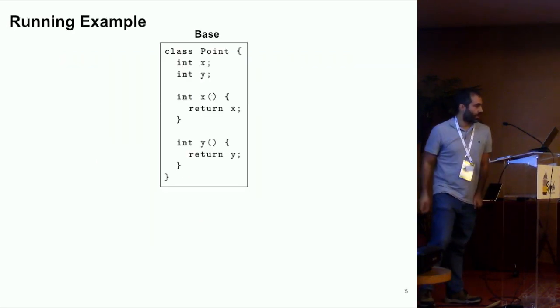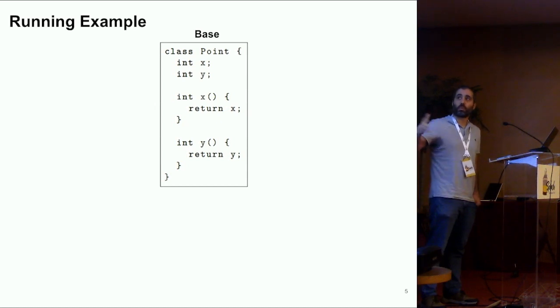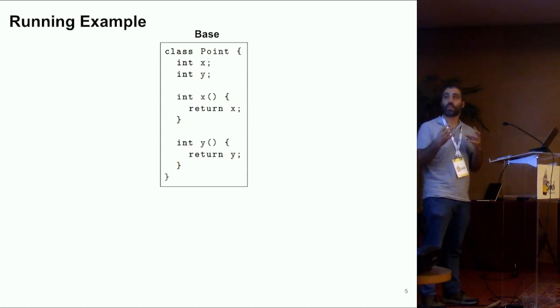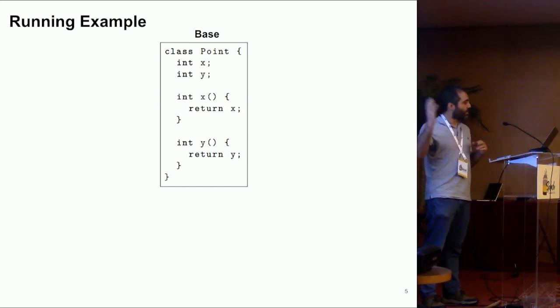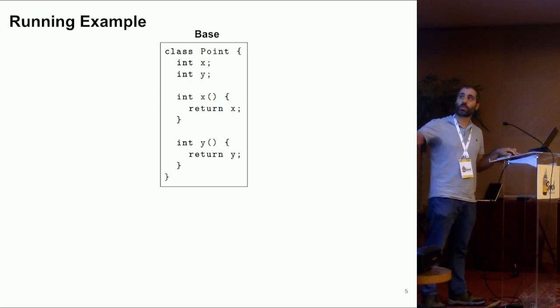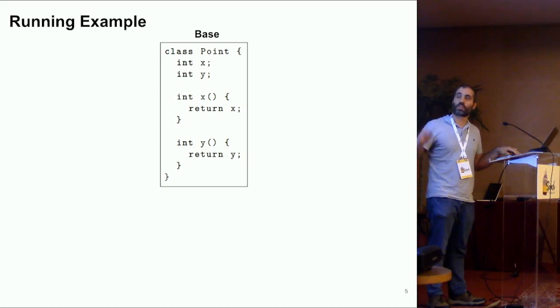Now, an example we will use during the talk. It's also very simple, but it will be hard to explain these things properly without a very small piece of code. So let's look at this very creative point class. Let's say the base had this first version: two fields, two getters, no modifiers, nothing.